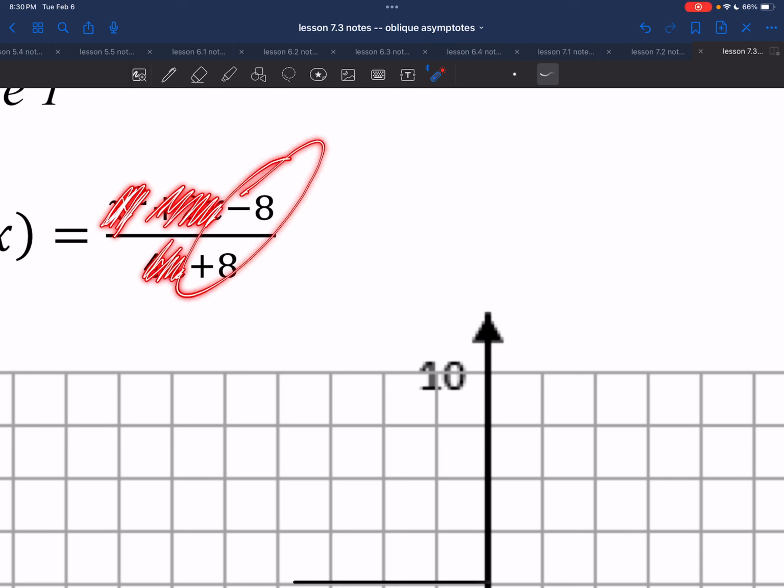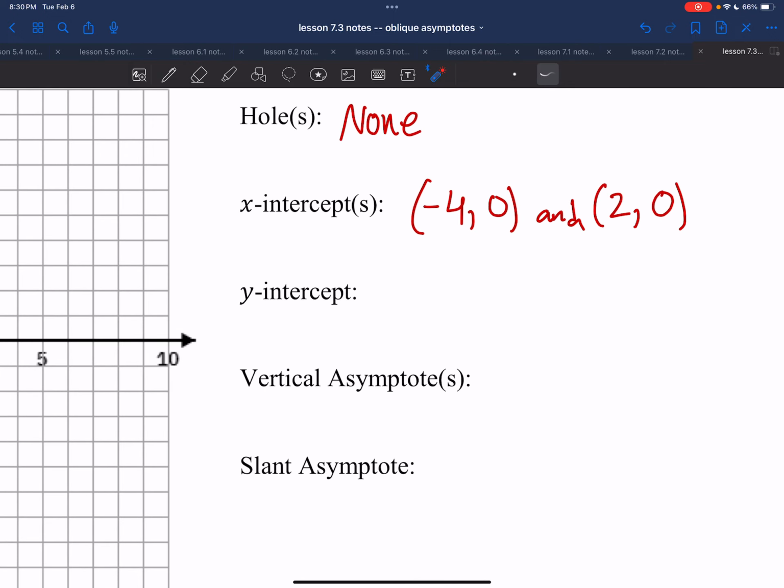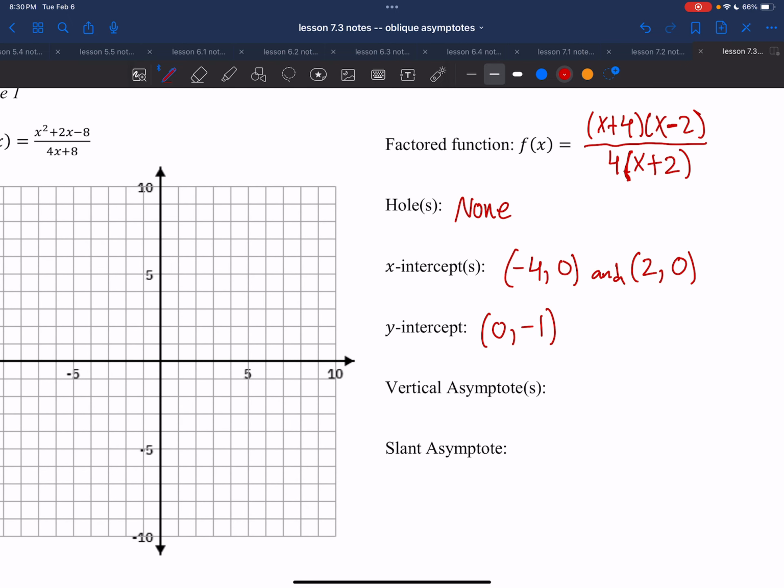So I just got -8 over +8. Okay, so y-intercept is going to be 0, comma, -8 over +8 is -1. Nice. Let's plot those. Let's get our -4, 0 point here, 2, 0 here, and y-intercept at 0, -1. Awesome.